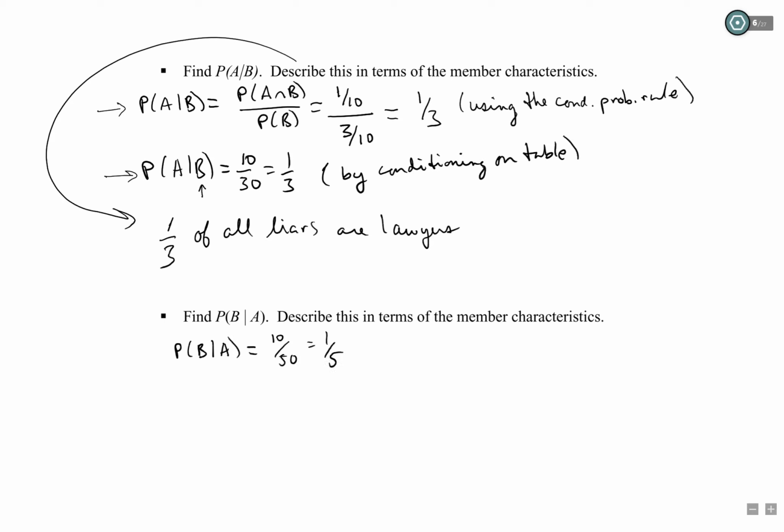All right, and this is by conditioning on the table again. If you wanted to use the rule, you could, but I just conditioned on the table there. And so what this says is, hey, we're dealing initially with all lawyers, and the chance that one of them is a liar, given that we randomly draw one, is 1/5.